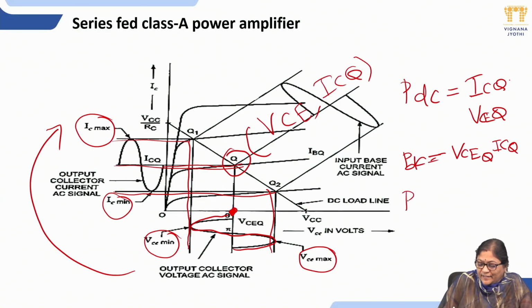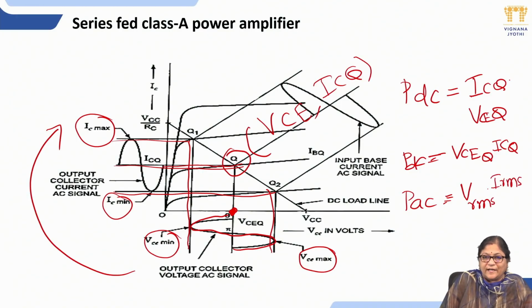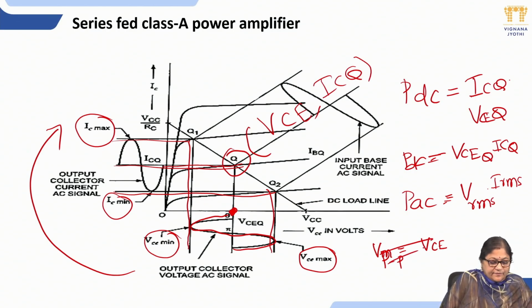Next we have to take the AC power. For this AC power we require VRMS, the AC value, into IRMS, because we require this load line, that's why I am keeping the same slide. Now you can see what is the peak to peak value for this V. First V peak to peak is equal to VCE maximum minus VCE minimum. We'll write on a different slide.